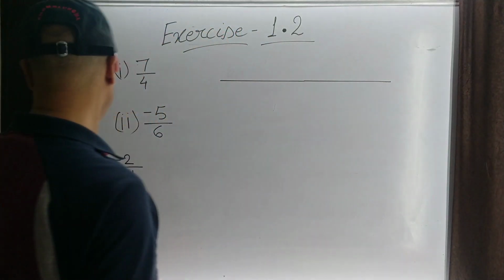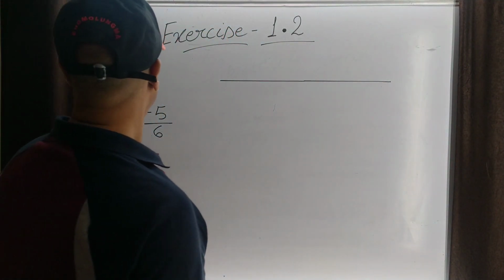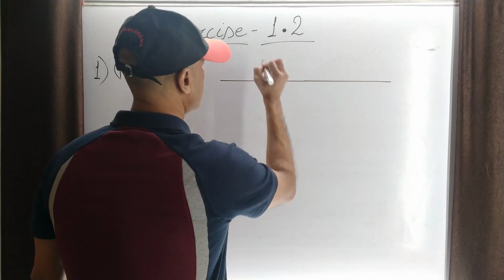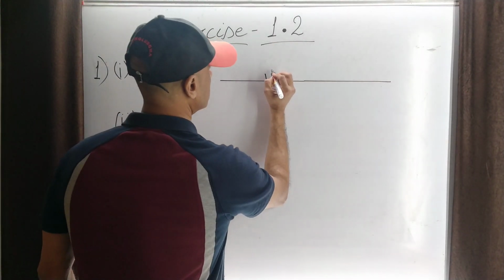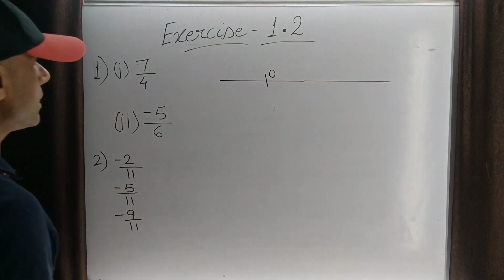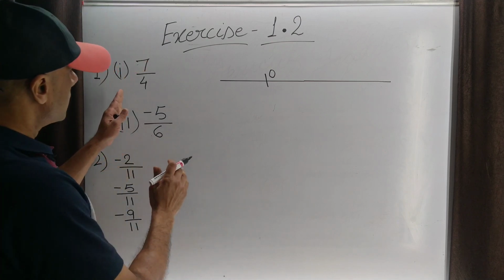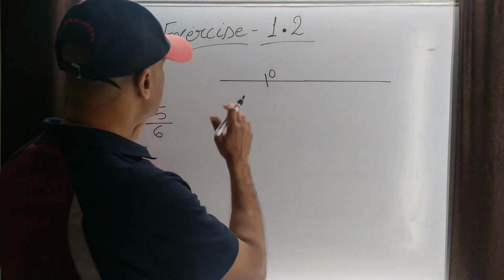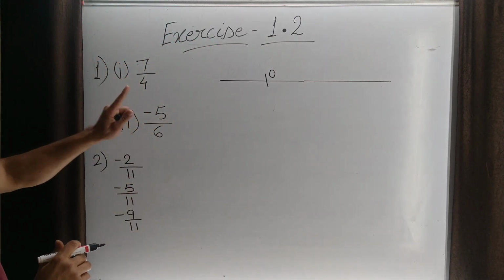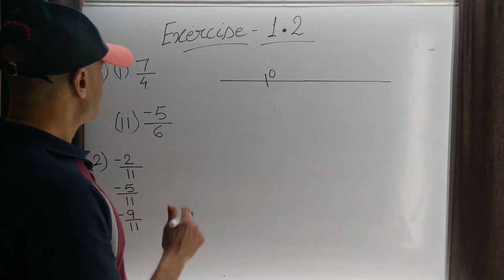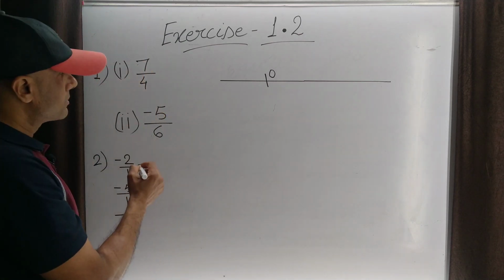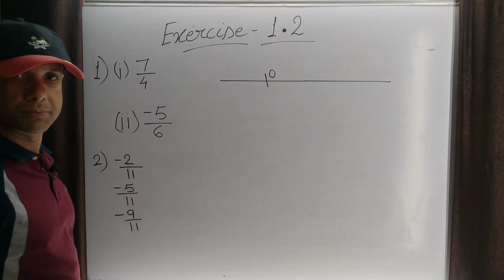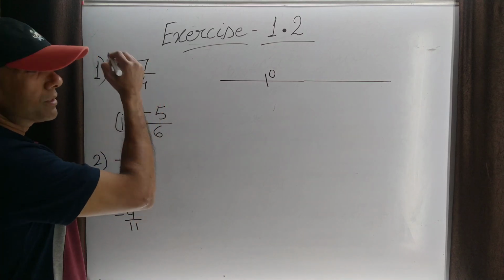So this is a straight line. Now I mark here 0. Now we have to represent 7 by 4 on this number line. Numerator is 7, denominator is 4. Numerator is greater than denominator.